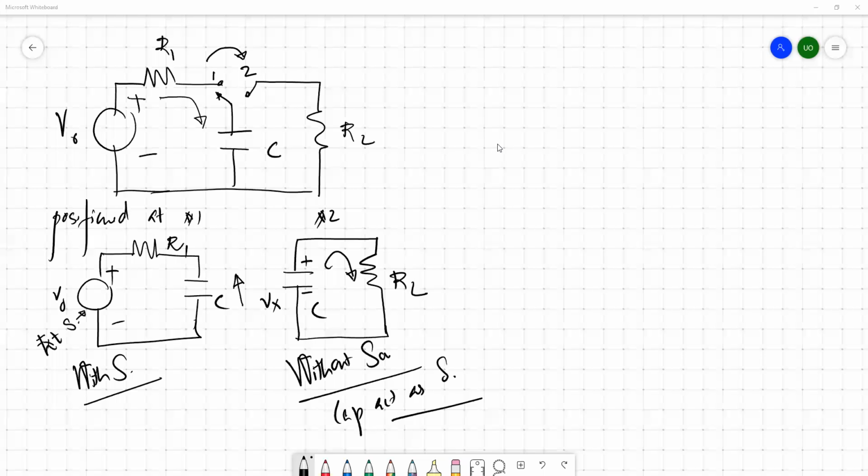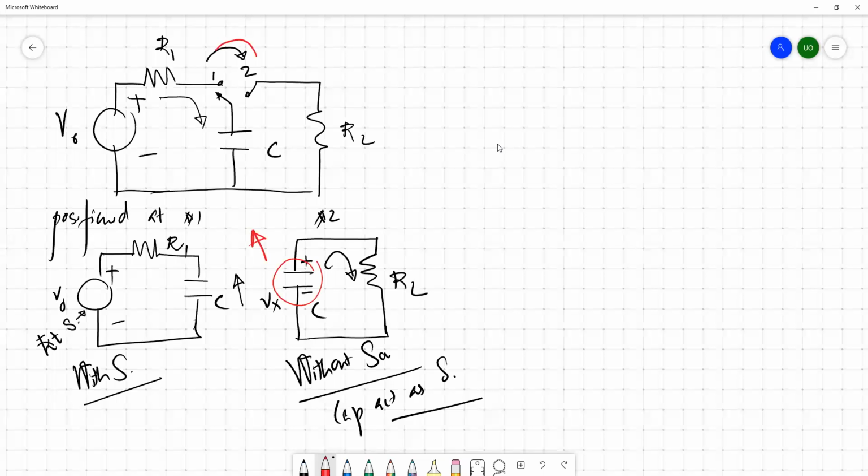What we can do is maintain this charge inside the capacitor. The easiest way is, once the capacitor gets discharged, you can charge it again. So how do you charge the capacitor?